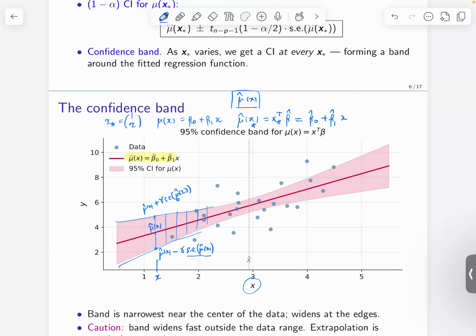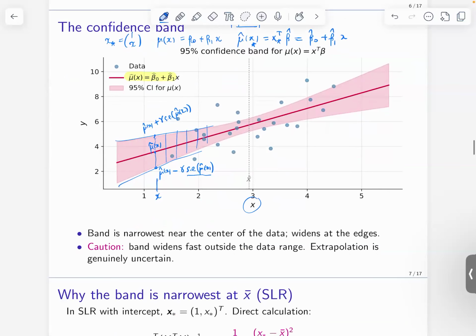This is the nice feature of the confidence intervals that we derive. Near the center of the data in the x coordinate, you have more observations, so your uncertainty is lower. As you move away, you're more uncertain because you haven't seen the data there. And this naturally captures that uncertainty. In other words, extrapolation is genuinely uncertain, so you have to be careful when you fit the data. That's why just the point estimate is not good enough.